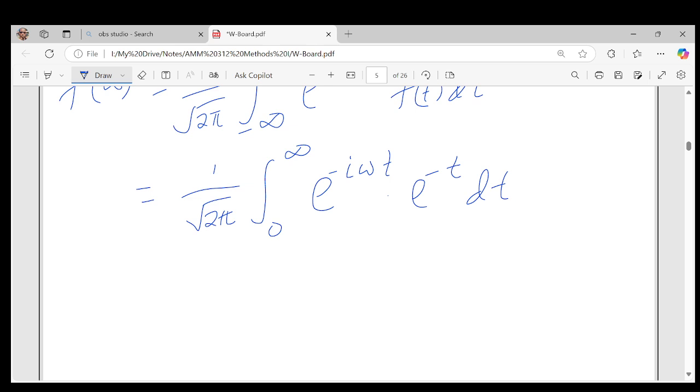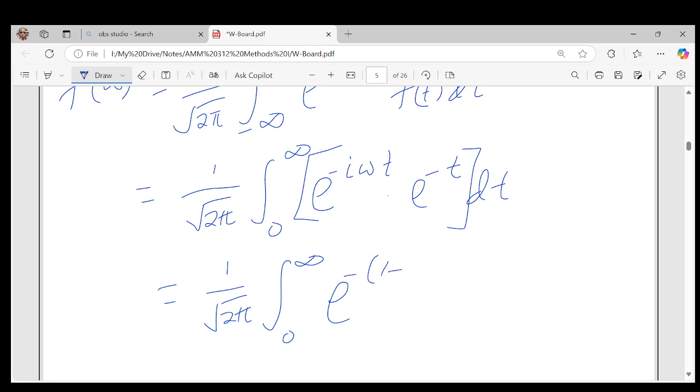Notice that we can apply the rules of indices here, so that we write e raised to power negative (1 plus I omega) t dt.